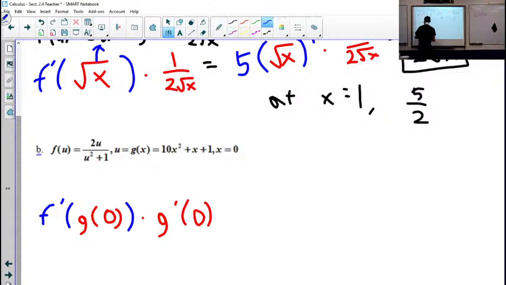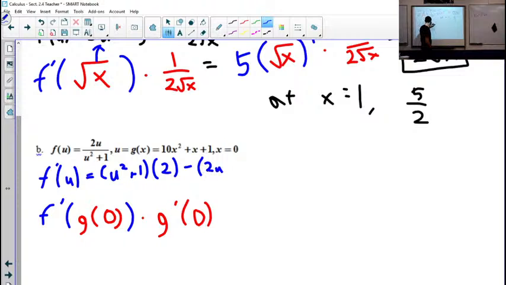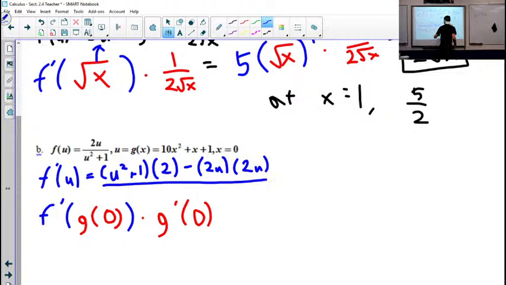So first off, f prime of u. Ooh, that's nasty. All right, that is a quotient rule. So low d high, derivative of 2u is 2, minus high d low, derivative of u squared plus 1 is 2u, over what's below squared.